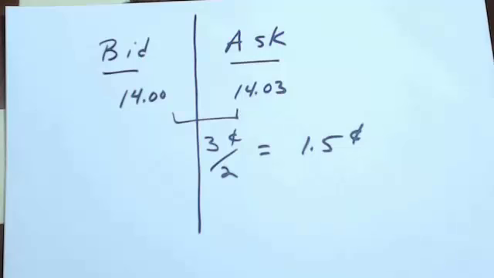Let's see here. Let's talk about liquidity now. Liquidity is the ability to trade when you want to trade. The concept of liquidity is multidimensional. It depends on the person you're talking to, basically, and how they're defining liquidity.